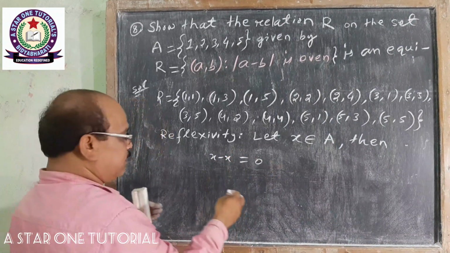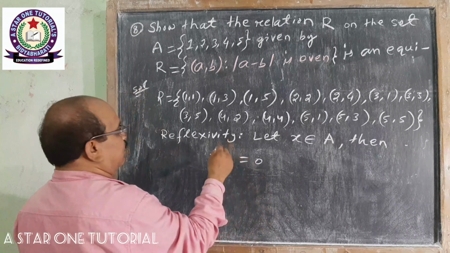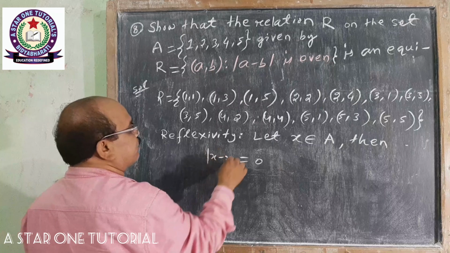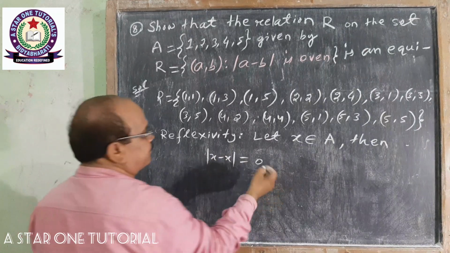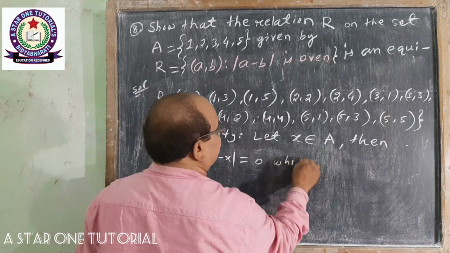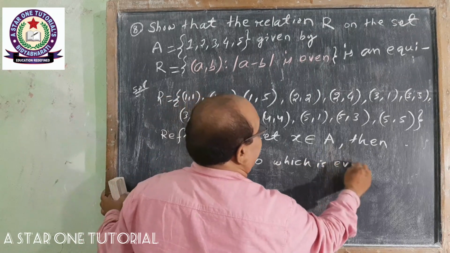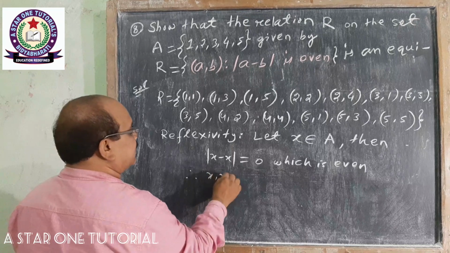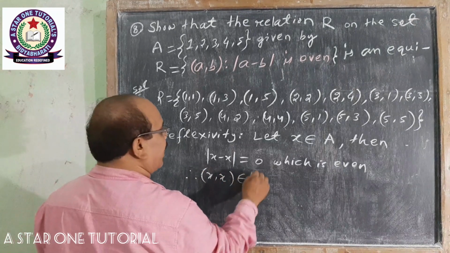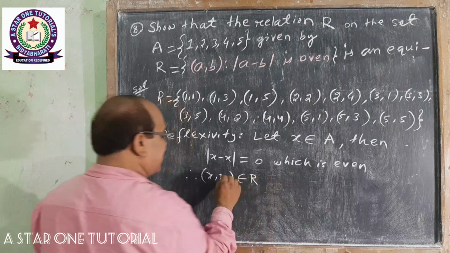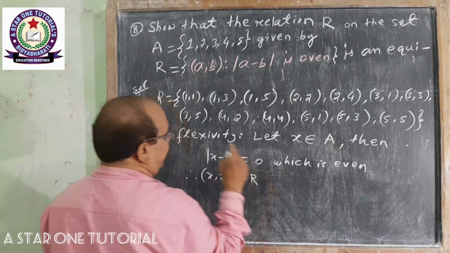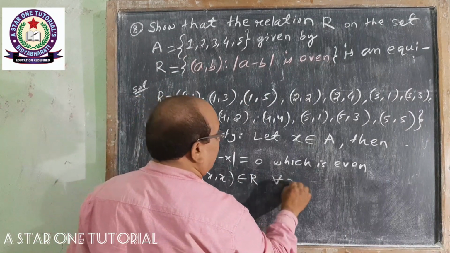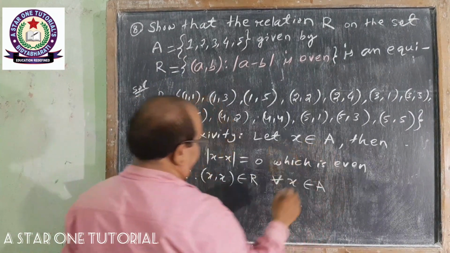The difference between the element x with itself is equal to 0, and if we take its modulus, then modulus is also 0, which is even. Here you know that 0 is even. Therefore we can say that x is related to x, that is (x, x) order pair belongs to R, and this relation holds good for any element of the set A, that is for all x belongs to the set A.